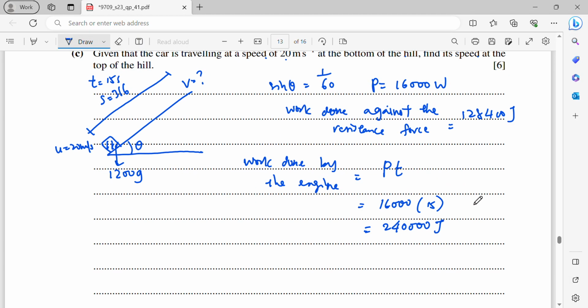So total work done is going to be work done by the engine minus work done against the friction, the resistance.